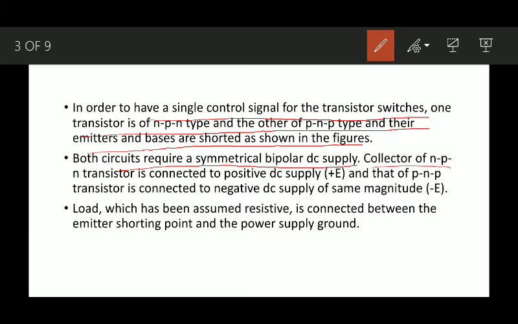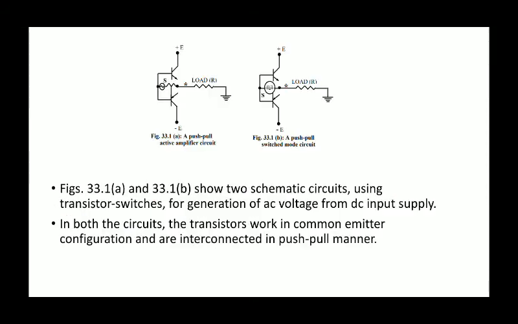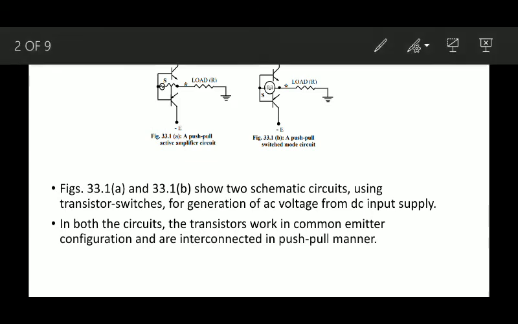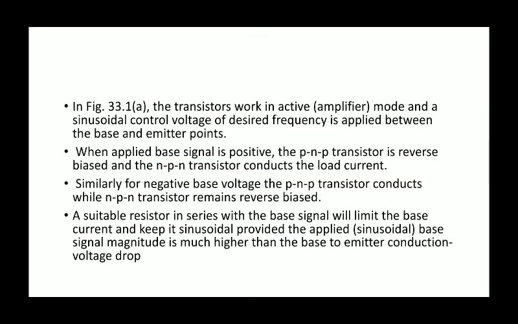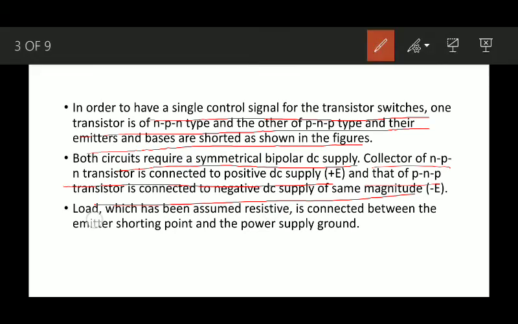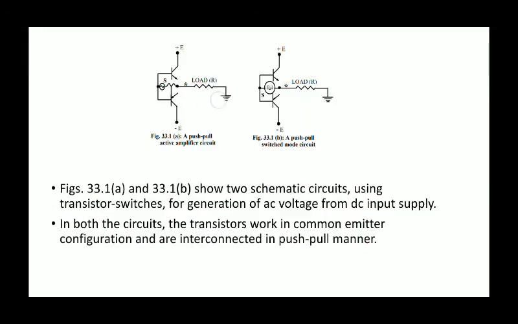The collector of the NPN transistor is connected to the positive DC supply plus E, and the collector of the PNP transistor is connected to the negative DC supply minus E. The load, which has been assumed resistive, is connected between the short circuit point and the power supply ground. You can see the load is connected here at this point.